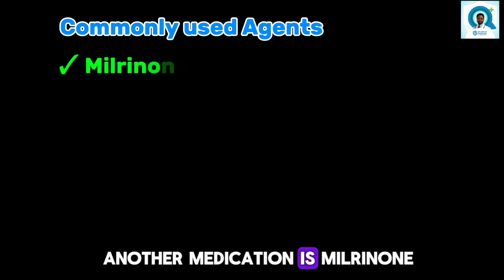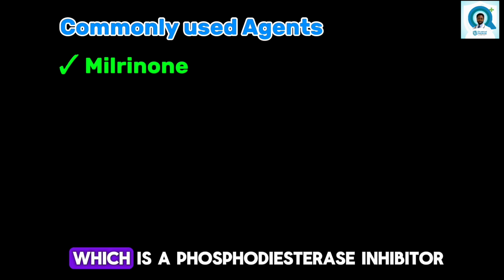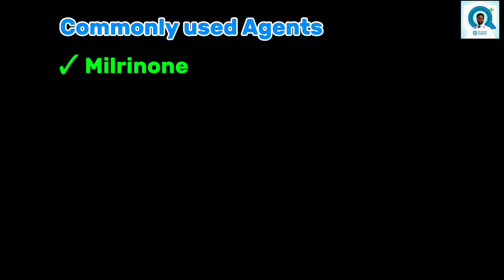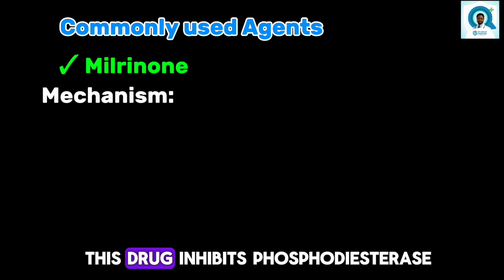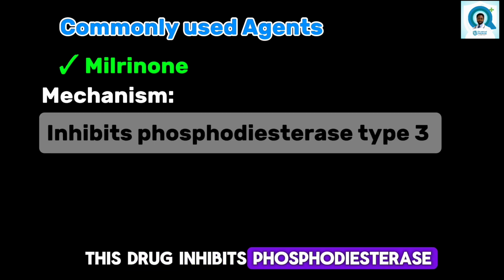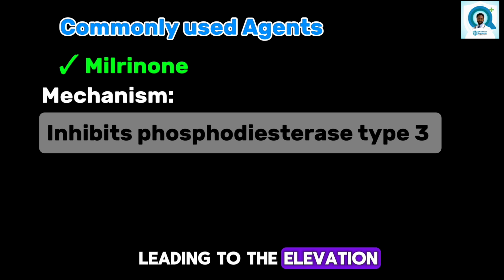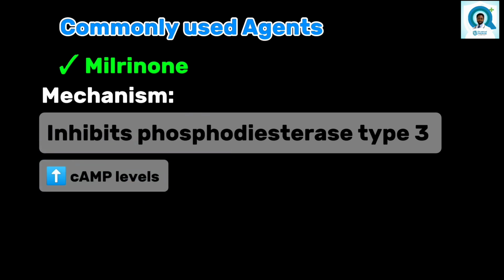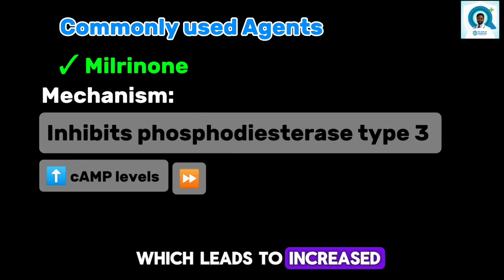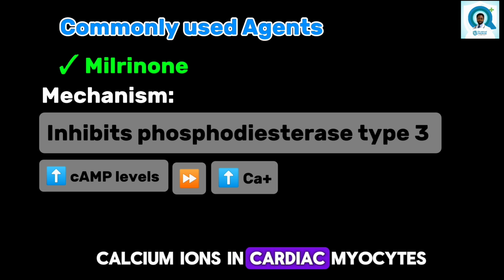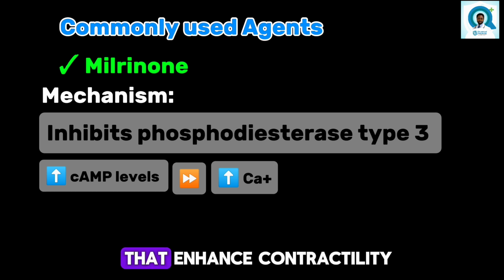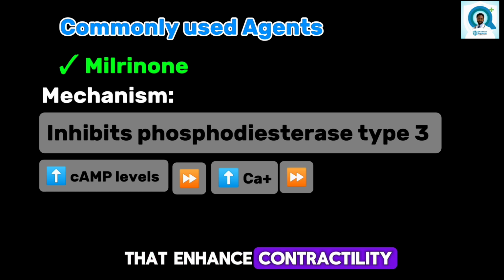Another medication is Milrinone, which is a phosphodiesterase inhibitor and acts as an inotropic agent. This drug inhibits phosphodiesterase type 3, leading to the elevation of cAMP levels, which leads to increased calcium ions in cardiac myocytes that enhance contractility.